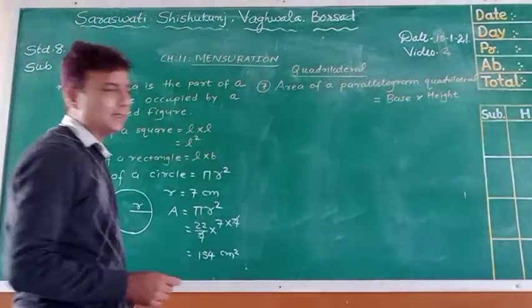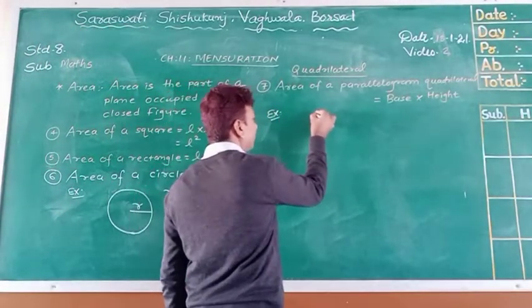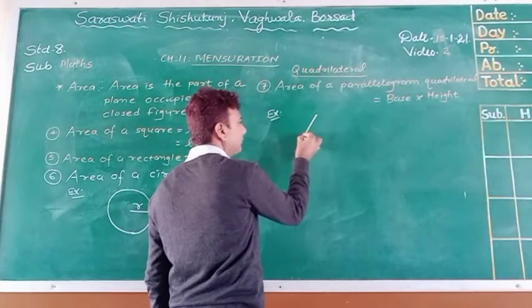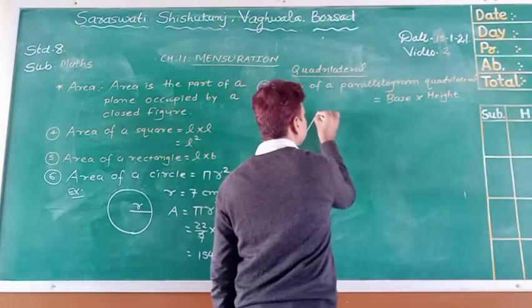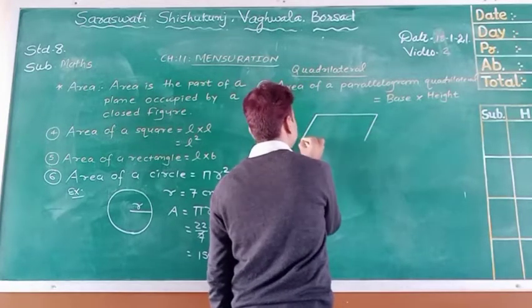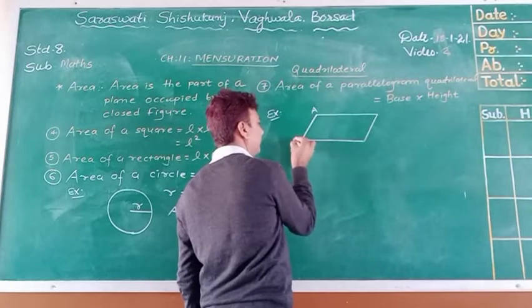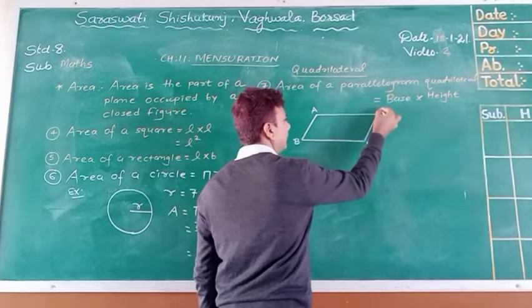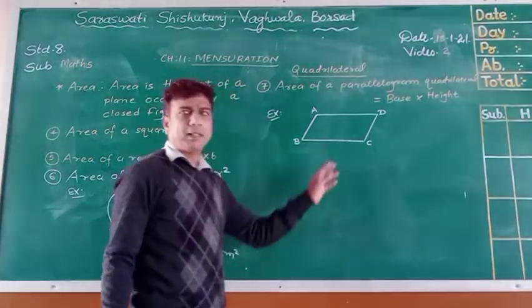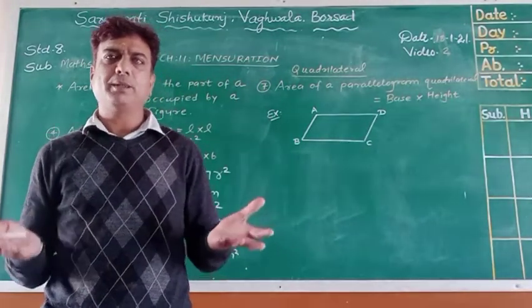So let's take one example. See, first this parallelogram quadrilateral, A, B, C, D. In this parallelogram, we know its properties properly.